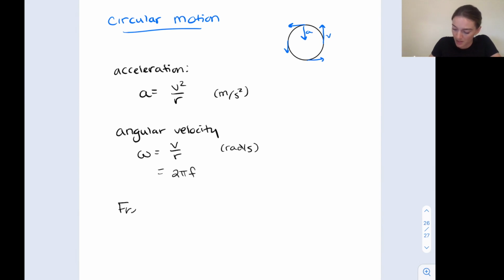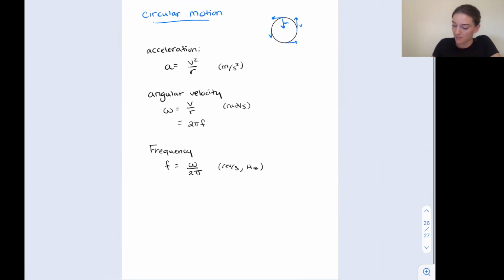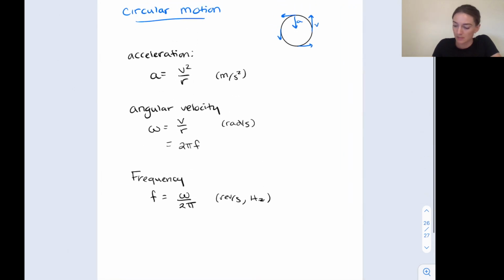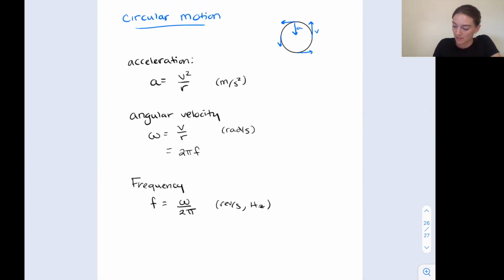And then our frequency, you can write it as omega over 2 pi, and it's given by revolutions per second, or hertz. And then don't forget also our period.